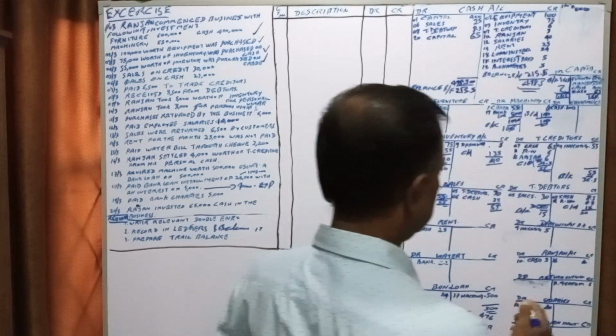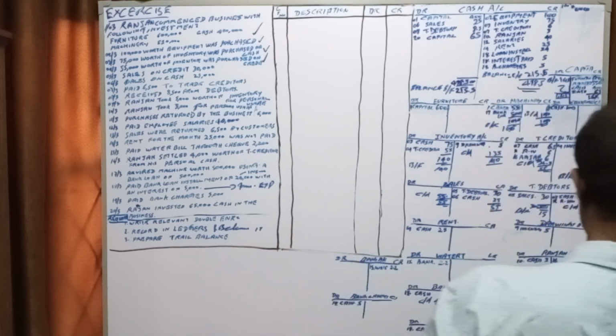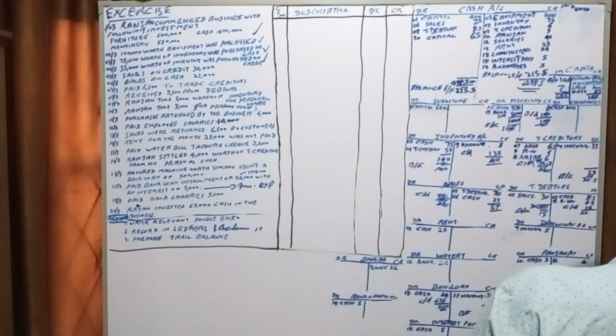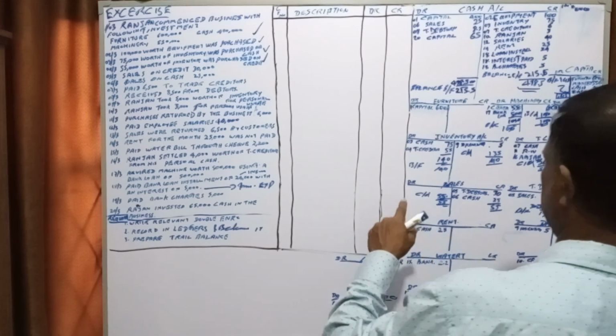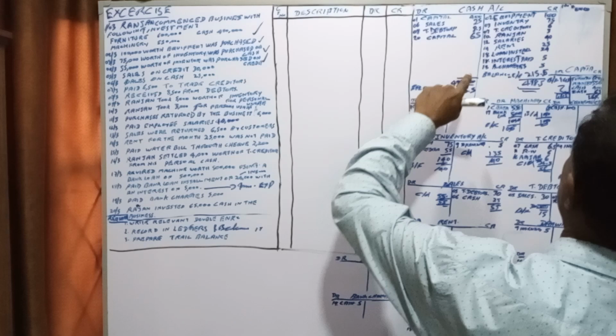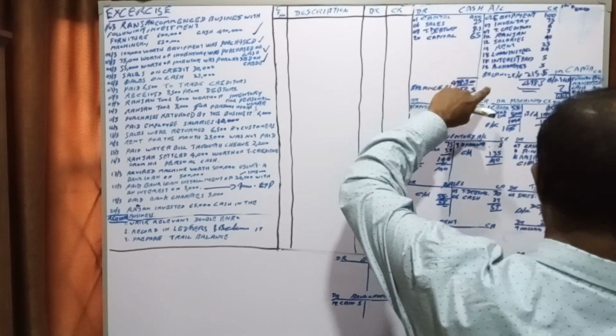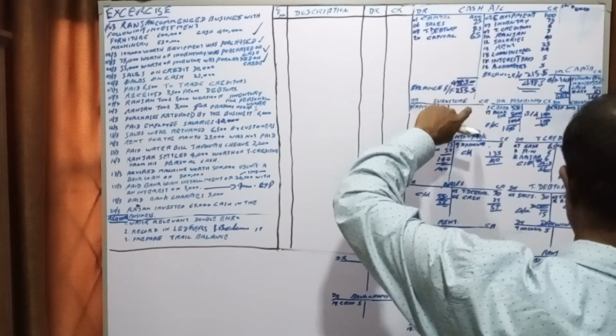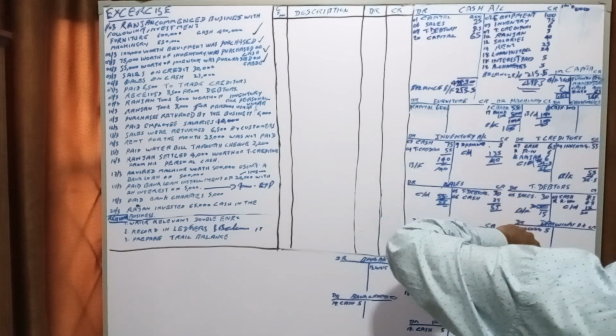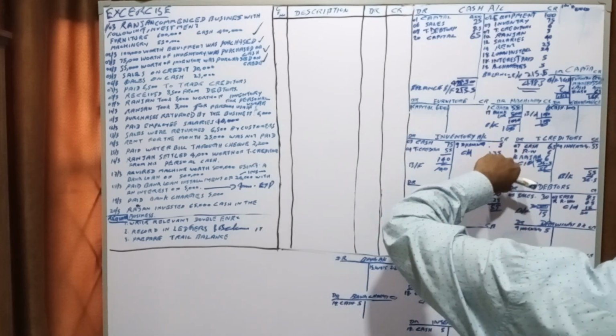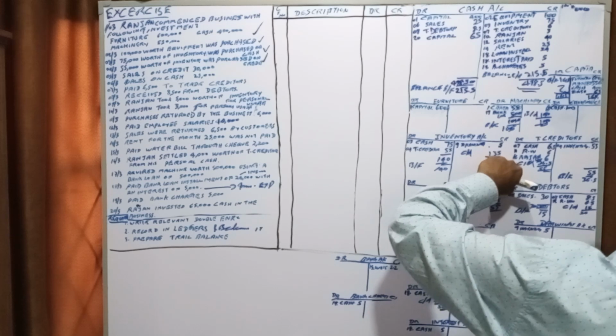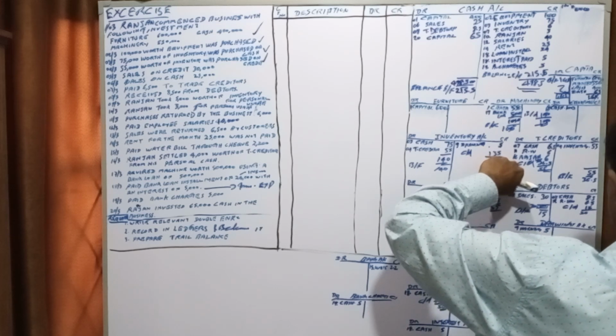You have to balance it. Where is number 16? Trade creditors.